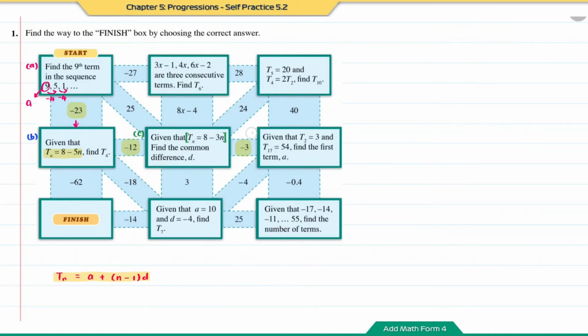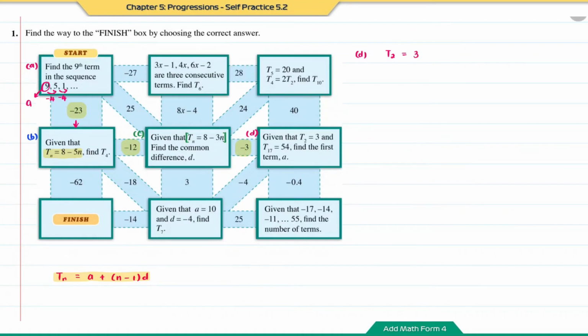So next, we're going to move to this box, which I'm going to label as question D. Given that T2 equals 3 and T17 is equal to 54, find the first term, which is the A. So from the information given, T2 is equal to 3.